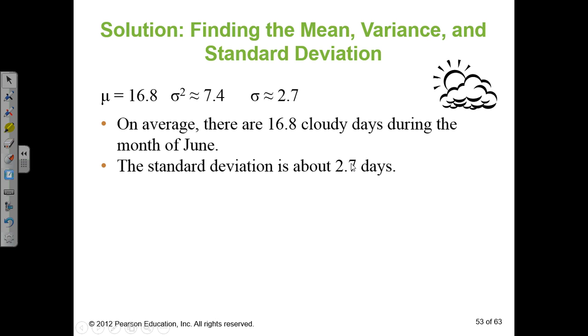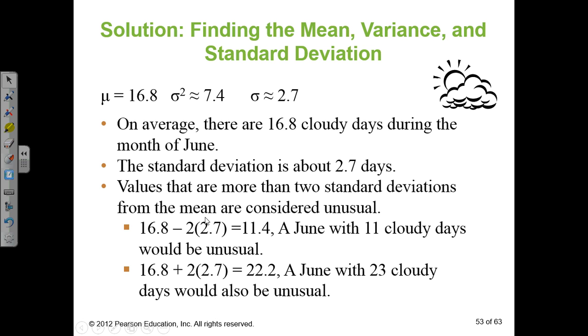Recall from Chapter 2, we consider a value to be unusual if it is more than 2 standard deviations from the mean. So 16.8 minus 2 times 2.7 is 11.4, and 16.8 plus 2 times 2.7 is 22.2. So it would be unusual for Pittsburgh to have 11 or fewer cloudy days, and it would be unusual to have 23 or more cloudy days in June.